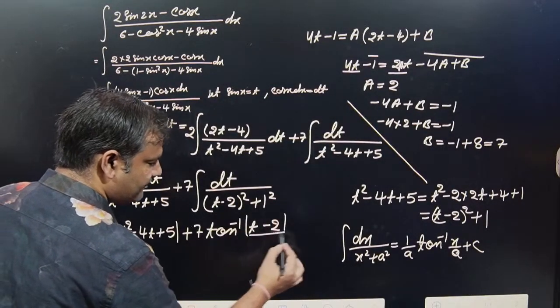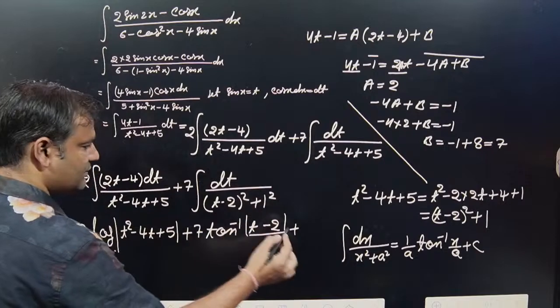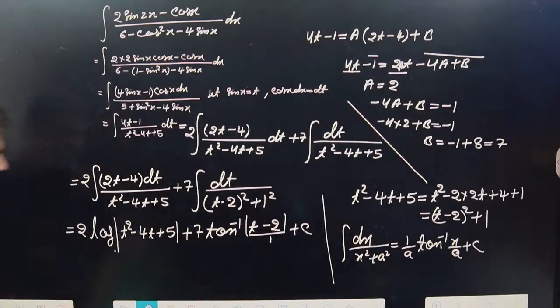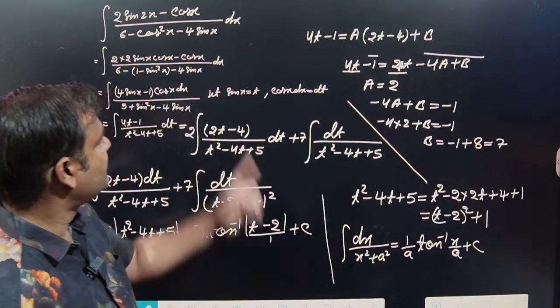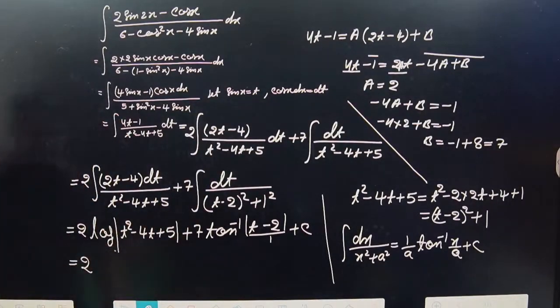upon 1, plus a new constant c. After that t is replaced, I have taken t as sin x, so that's why in the final answer t is replaced by sin x.